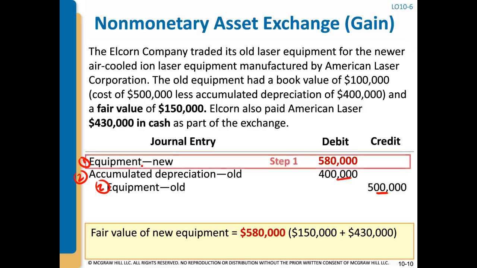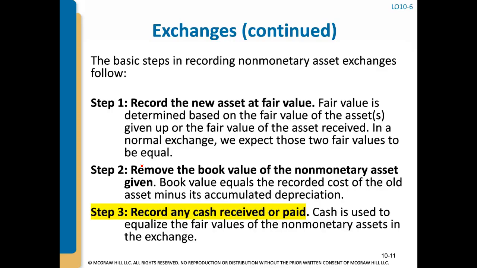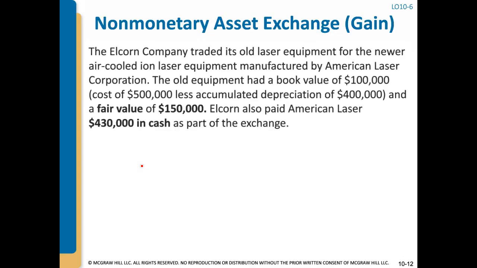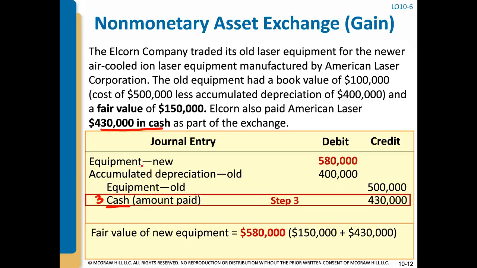That's how I get it off my books. Step 3 says record any cash received or paid. So now we're going to record the cash because it says we paid cash of $430,000. The cash paid is step 3. We're going to credit step 3.